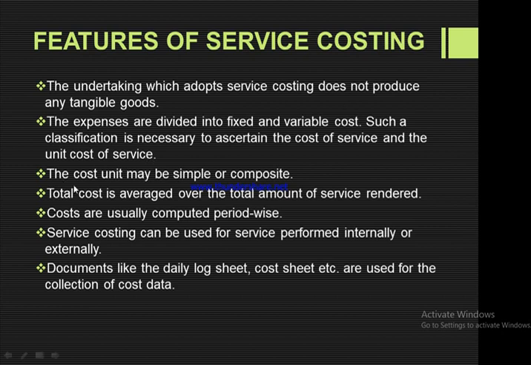Hence the cost unit may be simple or composite. Under this method of costing, the costs are usually computed period wise, and service costing can be used for service performed internally or externally.